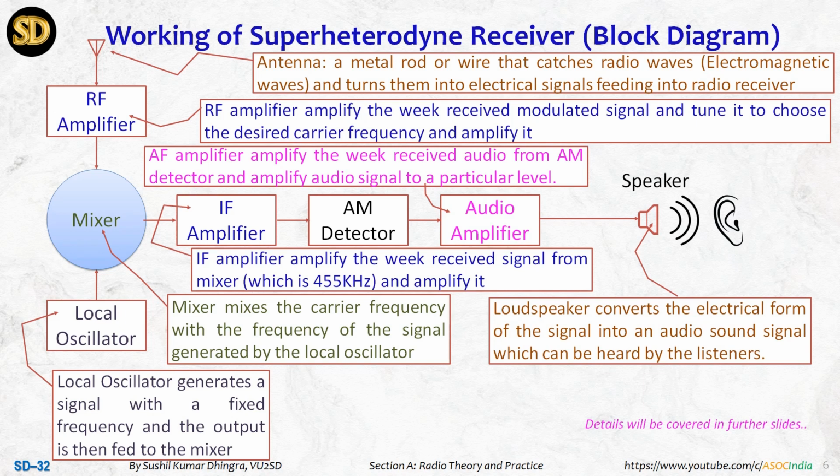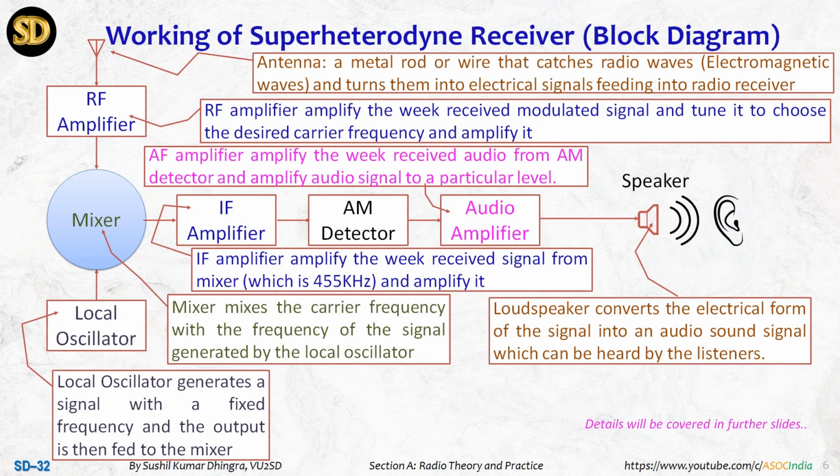In other words, it will convert the electrical signal into an acoustic wave or sound wave. This vibrating signal will come to our ears, and as a result we will listen to the same audio which is being broadcasted by the transmitting station.